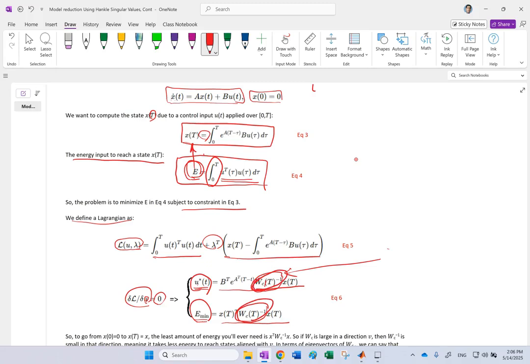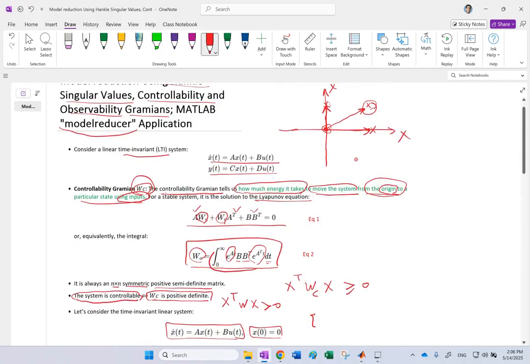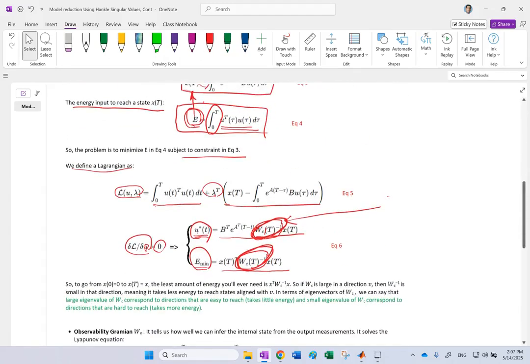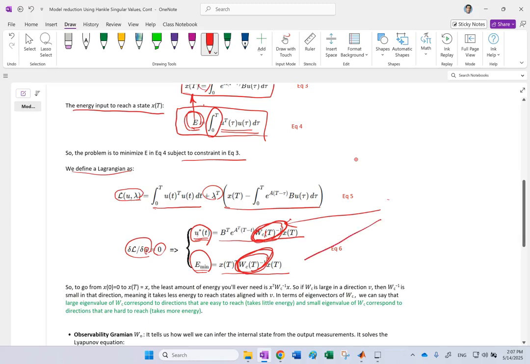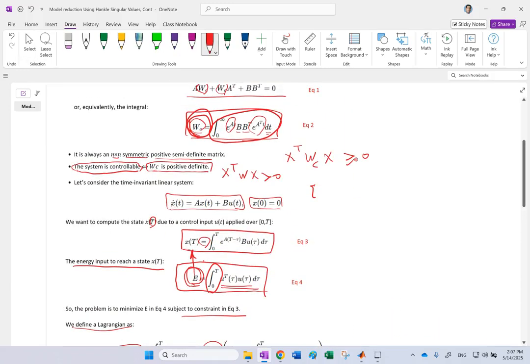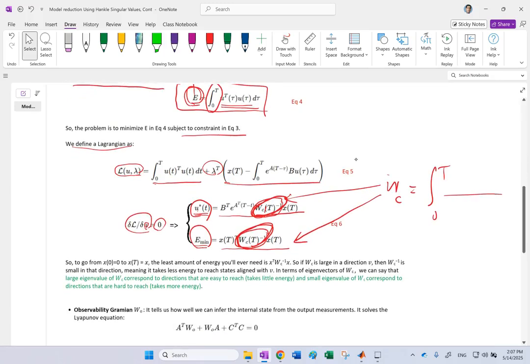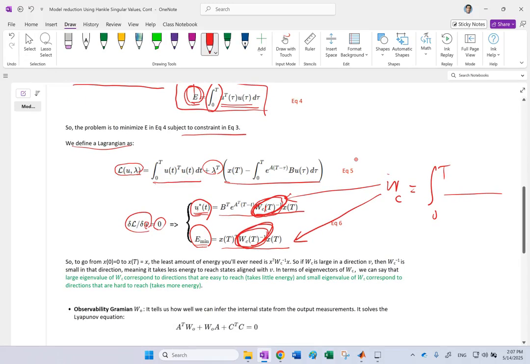And then you would call that integral this matrix WC, so you can say that is WC inverse. So the WC that you see is that integral that I specified for you up there, e to the A t, B B transpose e to the A transpose t, dt. So that integral appears in the solutions, but you give it a name and call it the Gramian.